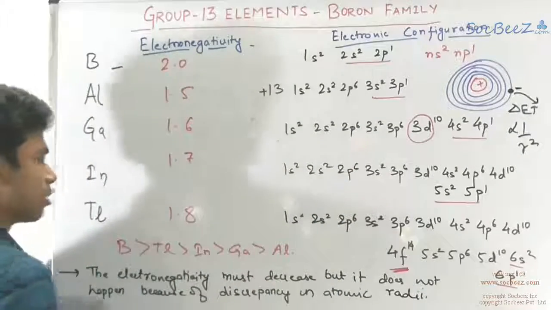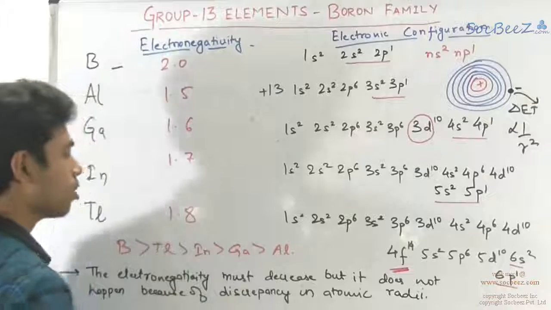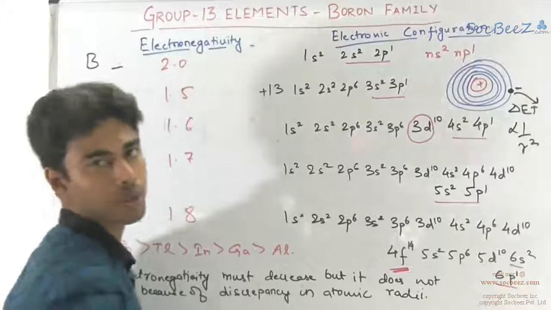Atomic electronegativity must have decreased, but it does not happen because of discrepancies in atomic size.